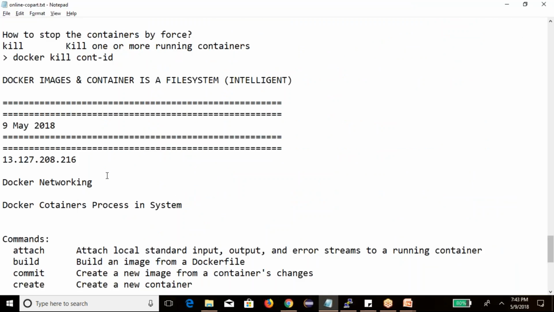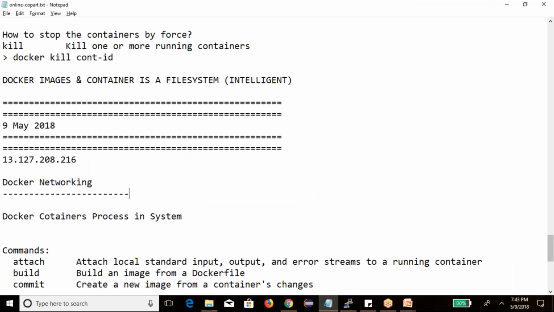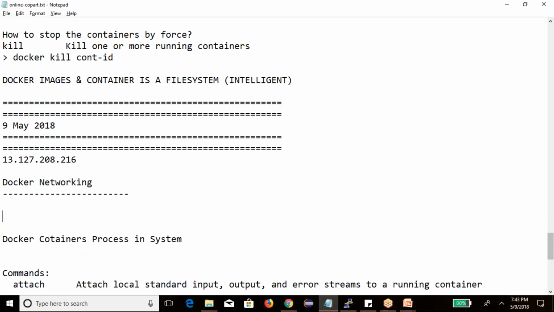So now I'm going to talk about Docker networking. How many kinds of Docker networking do we have? Basically, the Docker Engine Community Edition supports three kinds of networking.